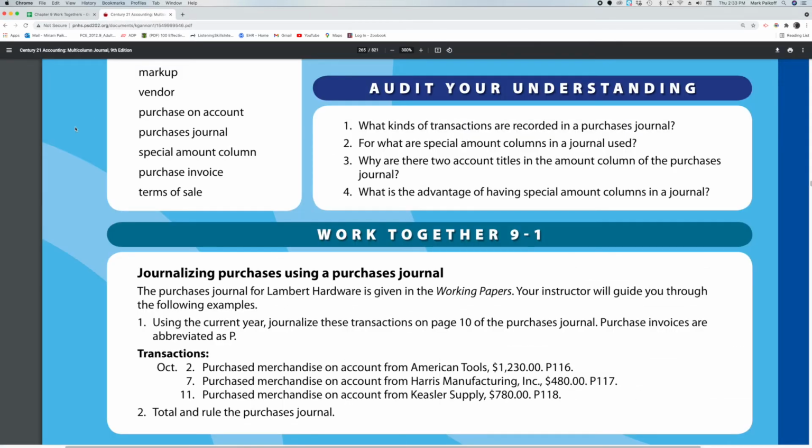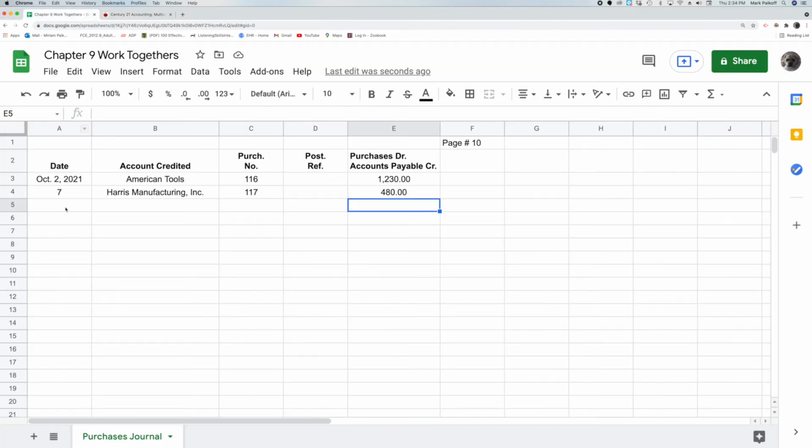This third and final transaction reads, on October 11th, purchased merchandise on account from Kiesler Supply, $780, purchase invoice number 118. Okay, so for this transaction, again, the first thing that we're going to do is put in the date, which is October 11th. Next, we're going to put in the name of the vendor, which is Kiesler Supply.